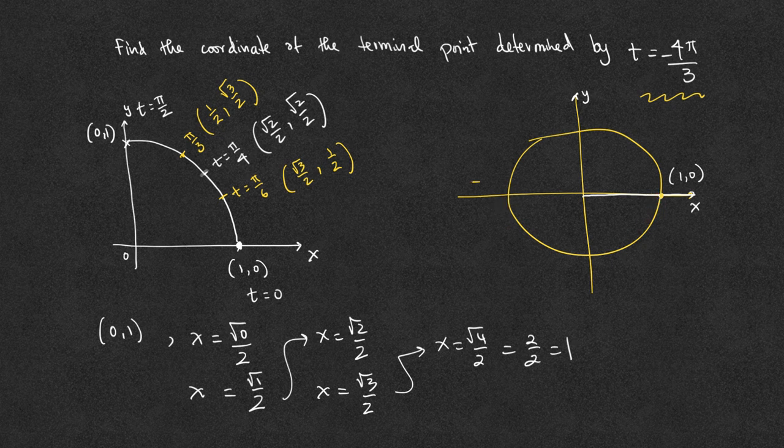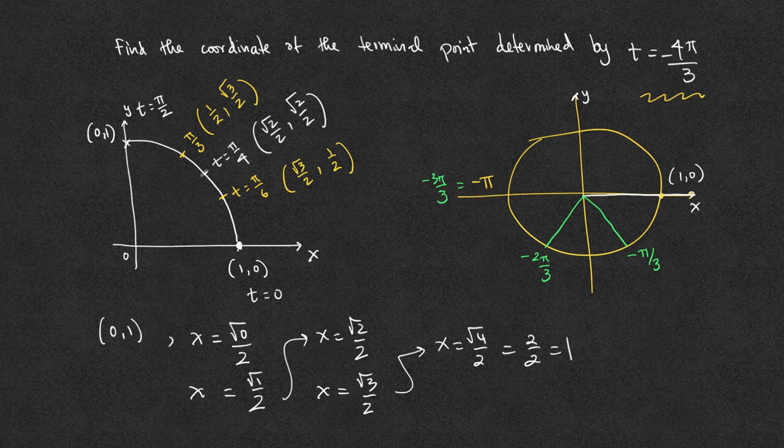This is negative pi. And so a half of a circle is negative pi over 3, negative 2 pi over 3, and negative 3 pi over 3. Negative 3 pi over 3 is negative pi.